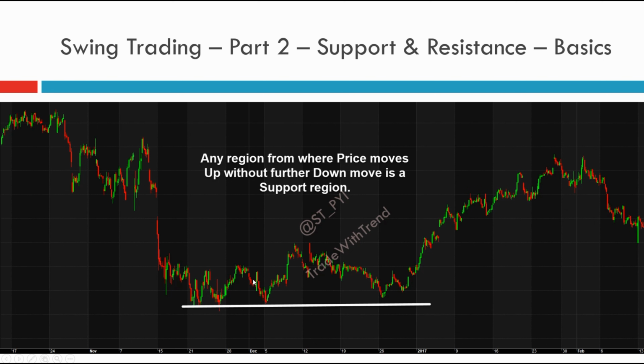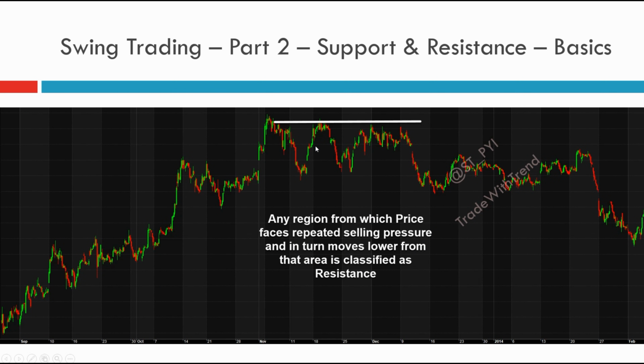Now the typical mistake that beginners make while trying to learn about support and resistance is that they tend to get too focused on one particular level. Before coming to this aspect, I'll just show you how resistance looks. This is how typical resistance looks. Price has probed this region several times and then it moves down.